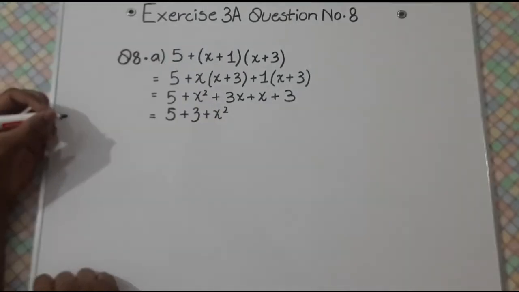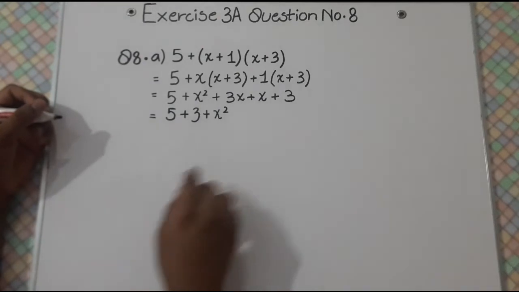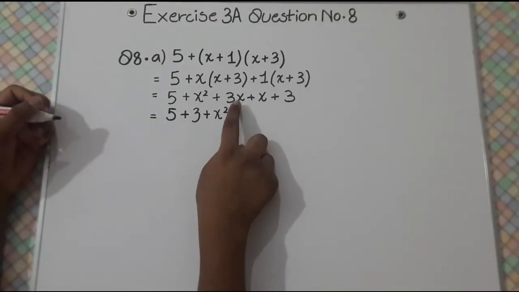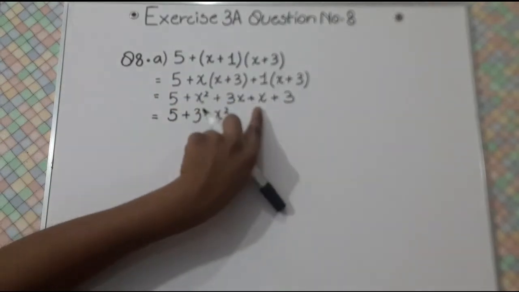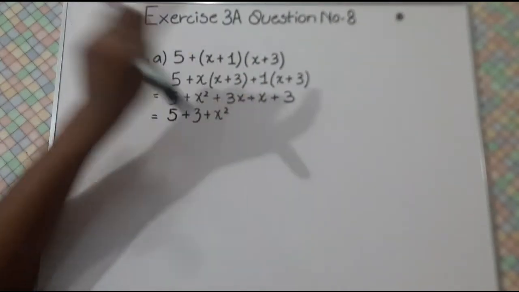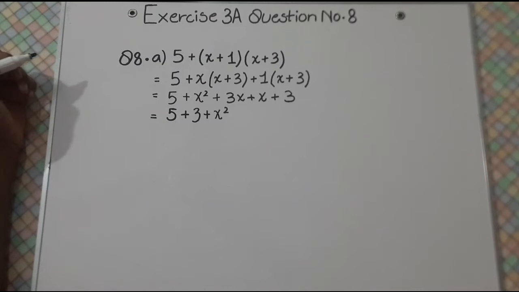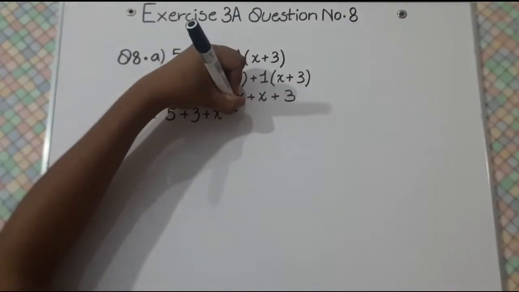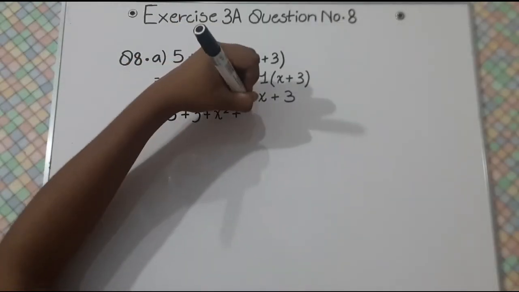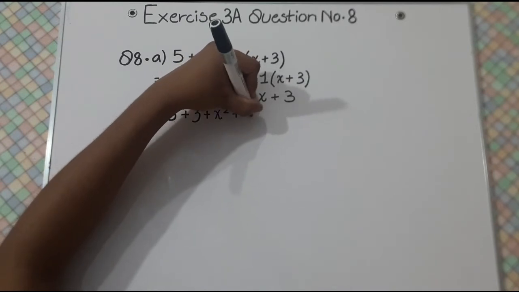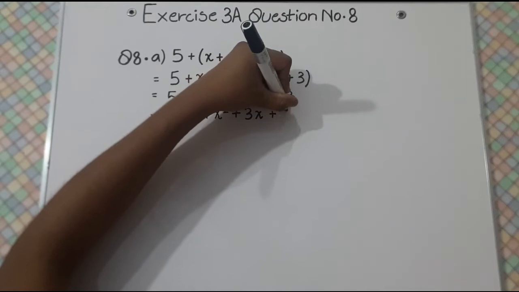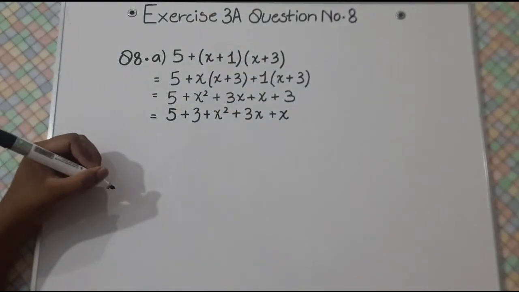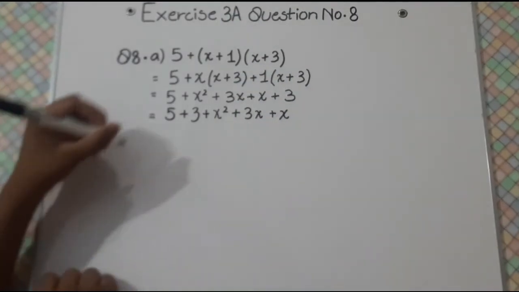We don't have any number with square, but we have numbers like 3x and x, because we can also call it 1x, but we have written it as x. It's your choice. The sign would be plus 3x plus x. So here x means 1.